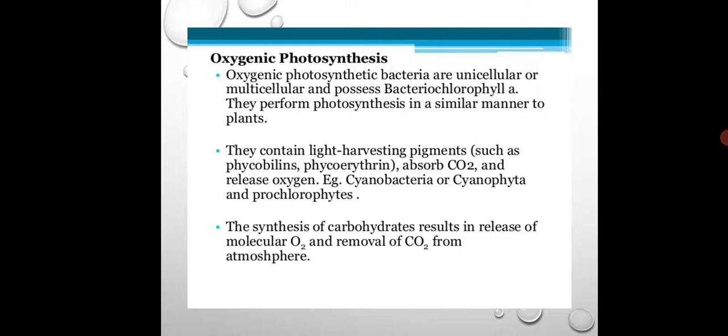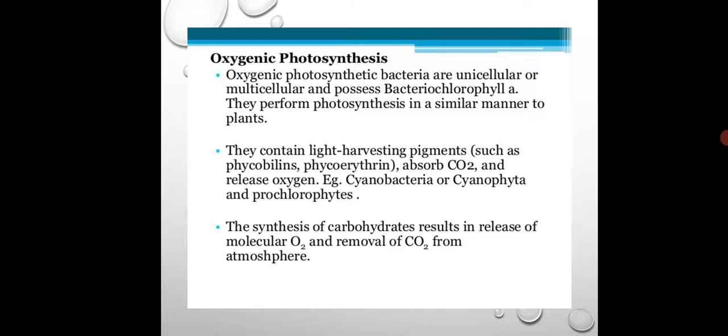Here oxygen is produced as a byproduct during the photosynthesis reaction. Oxygenic photosynthetic bacteria may be unicellular or multicellular and possess bacteriochlorophyll A instead of simple chlorophyll. They perform photosynthesis the same as plants.